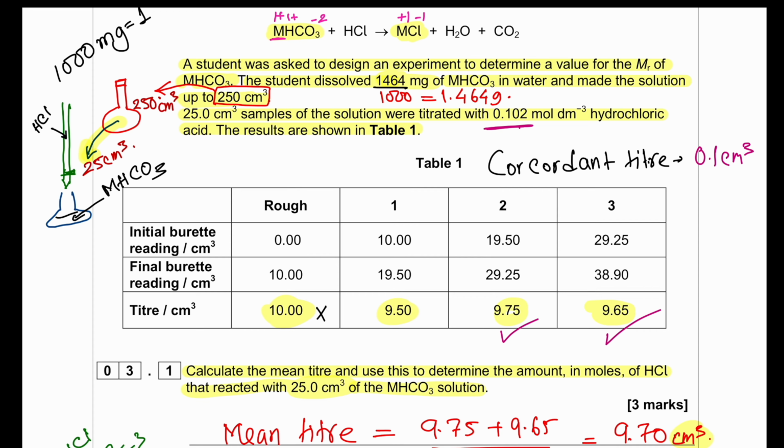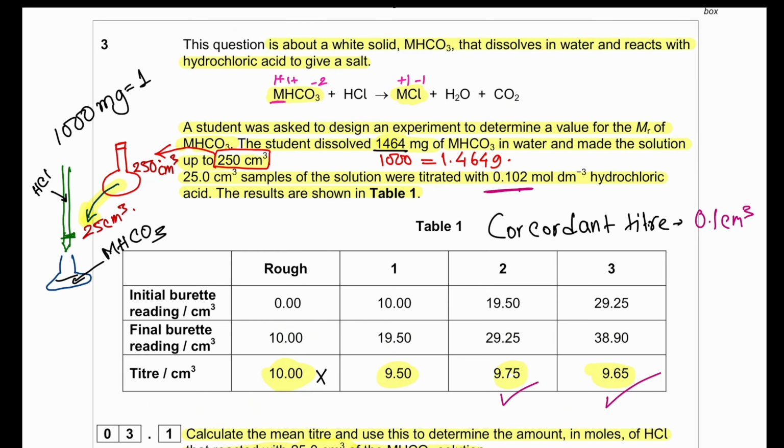Now, let's go back to the drawing table and look into the mole ratio. This equation has a mole ratio of 1 mole to 1 mole to 1 mole, and all of the mole ratios are the same. So whatever the number of moles of HCl is going to be, it is going to be the same for the number of moles of MHCO3.